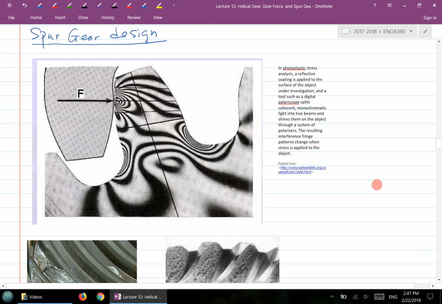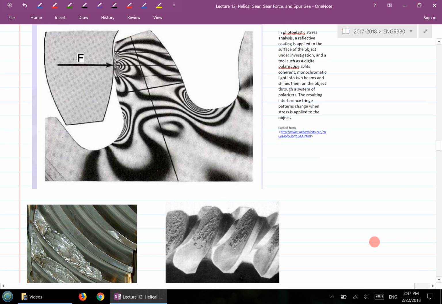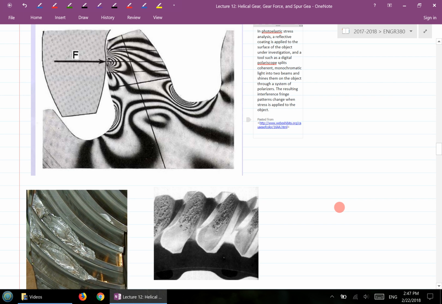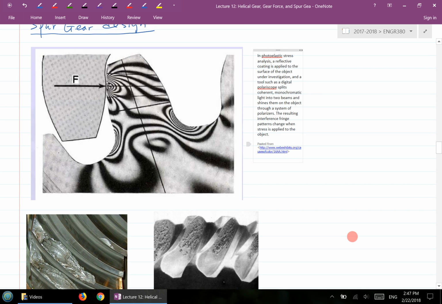Okay, so for spur gear, just to give you a bigger picture of what we're going to do in terms of spur gear design, we'll slowly derive the equations and transition into the type of equation we use. First of all, I'll show you two pictures showing the type of failure a gear could experience.